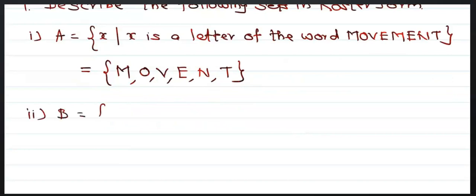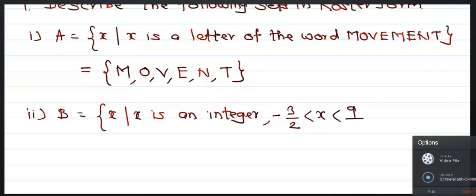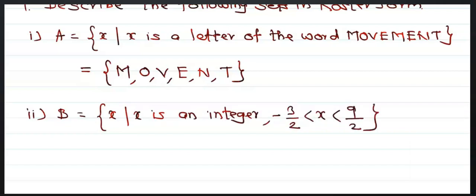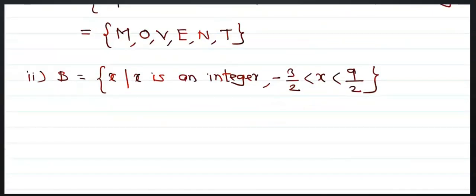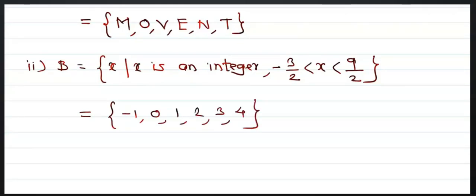For the second, x is an integer and it lies between minus 3 by 2 and 9 by 2, which is minus 1, 0, 1, 2, 3, 4.